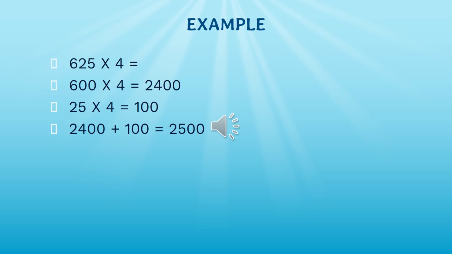So next is to multiply 600 by 4 and 25 by 4. 600 times 4 is 2400. 25 times 4 is equal to 100. Adding these two, 2400 plus 100, that's equal to 2500.